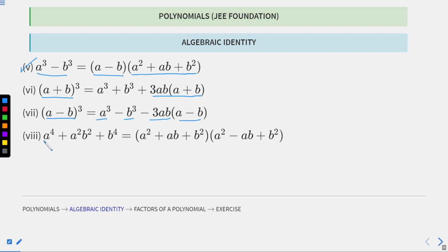And the eighth one is a power 4 plus a square b square plus b power 4, which equals (a square plus ab plus b square)(a square minus ab plus b square). I hope now this is all clear to you. Please do memorize them, as you can get so much benefit out of it.